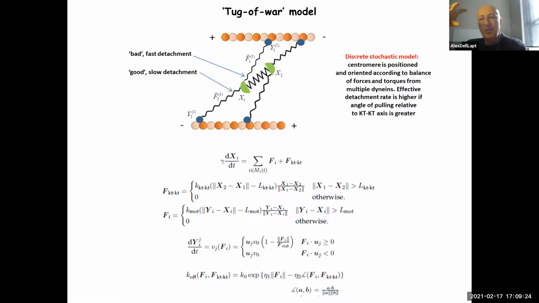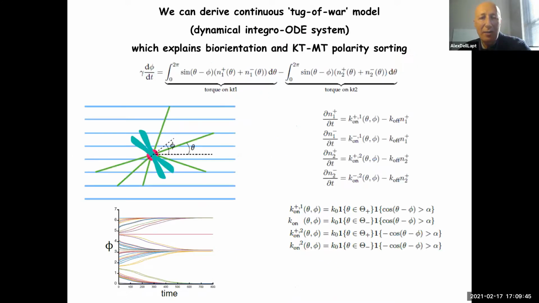You better start pulling this object in one direction. That way, motors stay attached to the same microtubule for a long time. And then your sister has no other way but to start attaching to the microtubule of opposite polarity. So it's a very non-trivial thing, and this is the key for everything that happens.